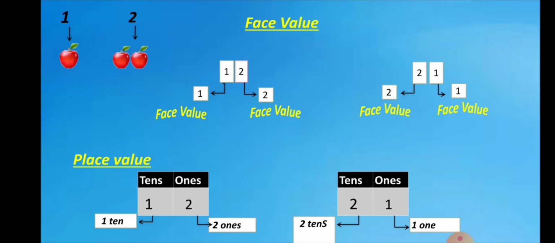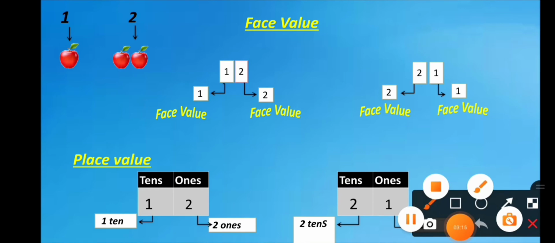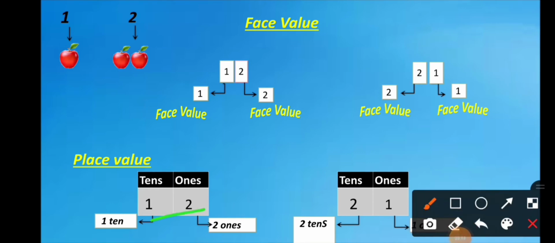Now place value. In number 12, in first example, number 12, the 1 is on tens place and 2 is on ones place.